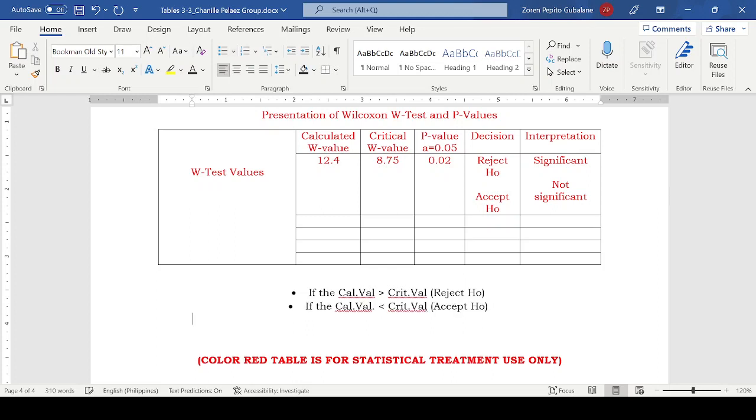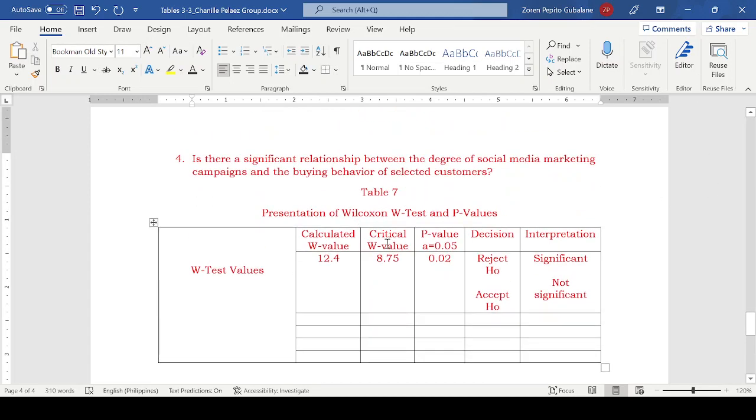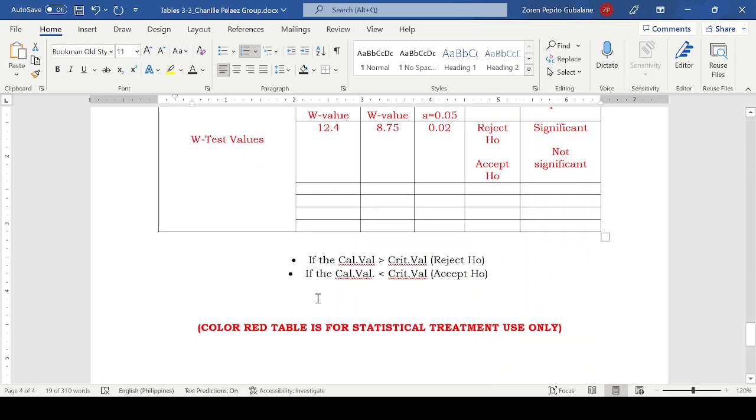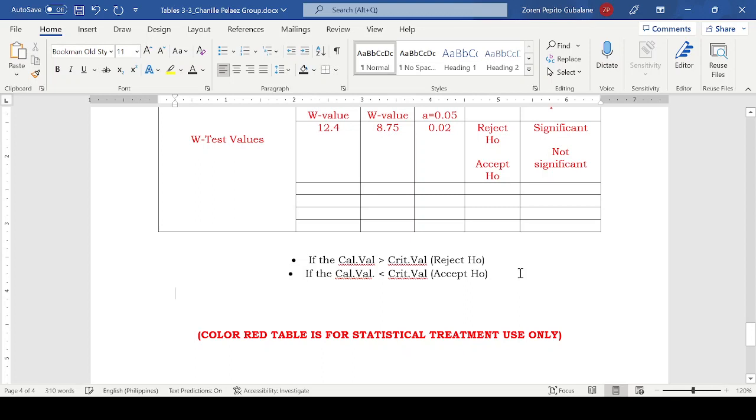Okay, so babalikan natin yung statement ng hypothesis, no? Sabi dito, there is significant relationship between social media marketing campaign and the buying behavior of selected customers. So the null hypothesis looks like this, the original, which you can find in chapter 1.